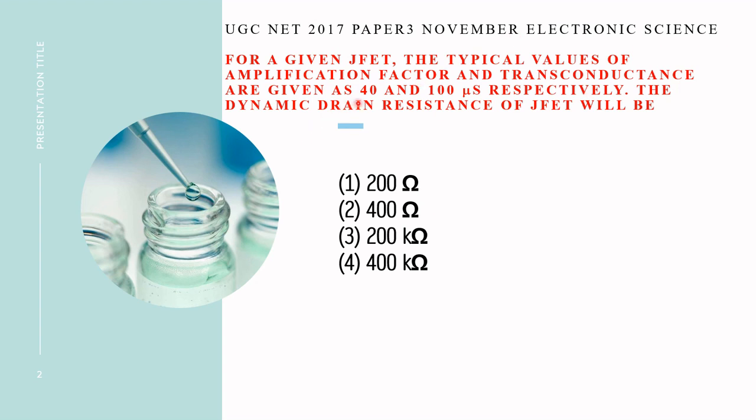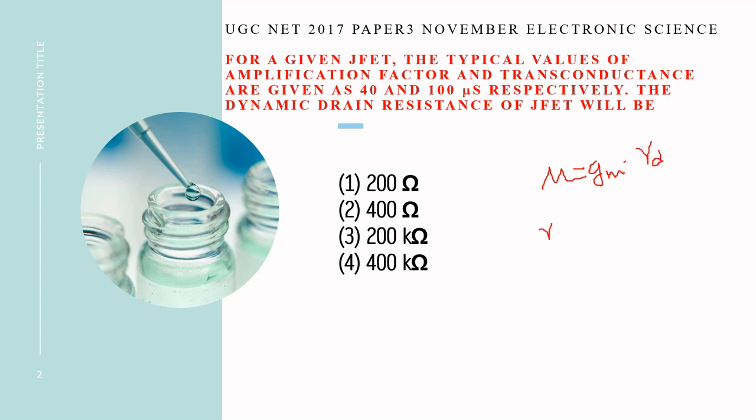Here the given value is mu, that is equal to 40, and gm, that is equal to 100 microsiemens, the transconductance value, right? So we know from the previous class that mu equals gm into rd.